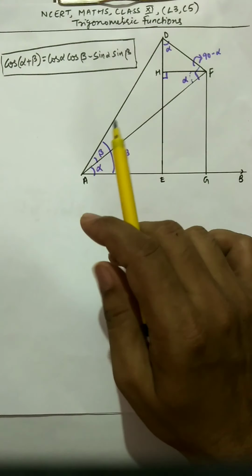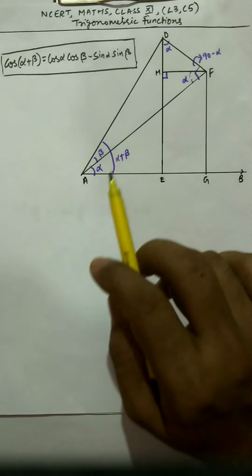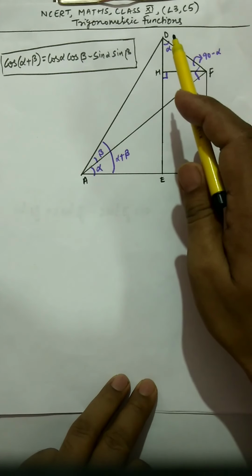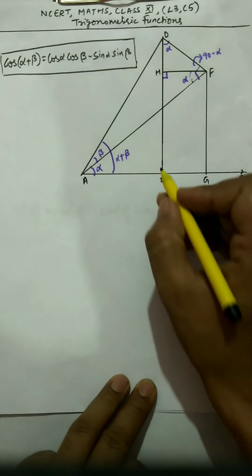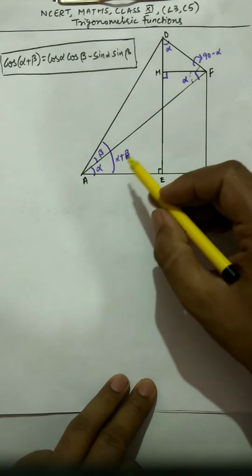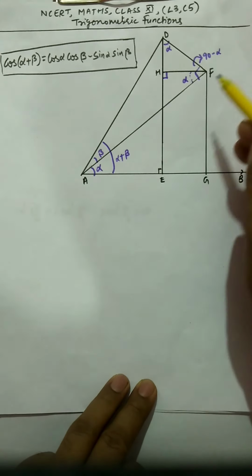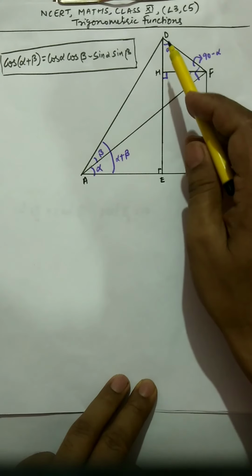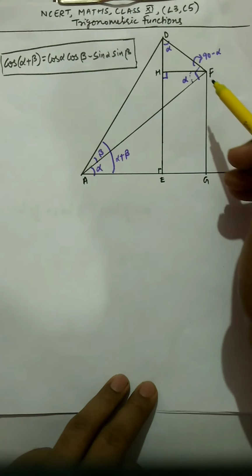Now see, cos(alpha + beta) is cos alpha cos beta minus sin alpha sin beta. This is the formula. So just take this figure. This triangle DAE is a right angle triangle, and this triangle DAF is also a right angle triangle, and this DHF is also a right angle triangle.